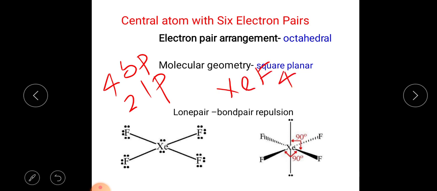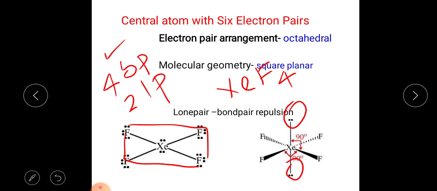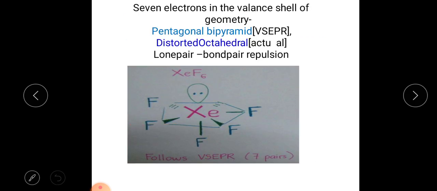The 4 bond pairs are arranged in a plane. One lone pair is above the plane, the other one is below the plane. The resultant geometry is definitely square planar. Whenever you have 4 bond pairs and 2 lone pairs, the resultant geometry is called square planar.